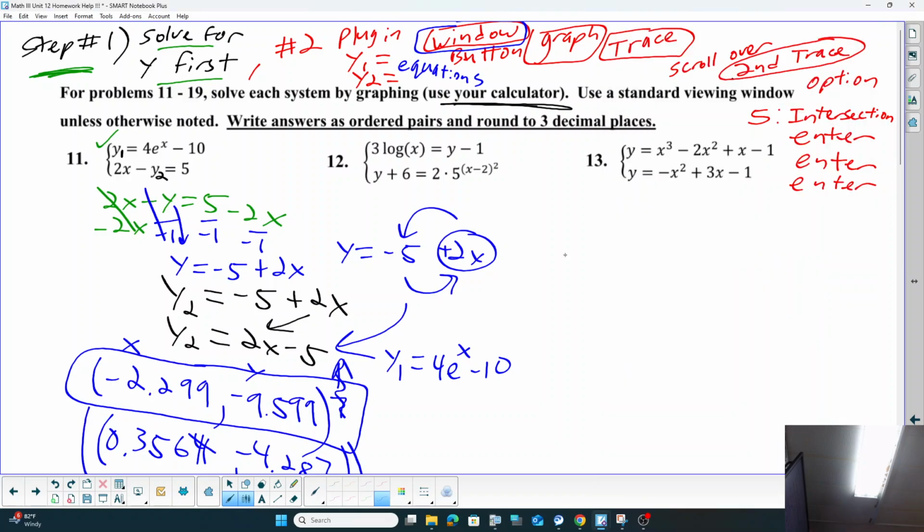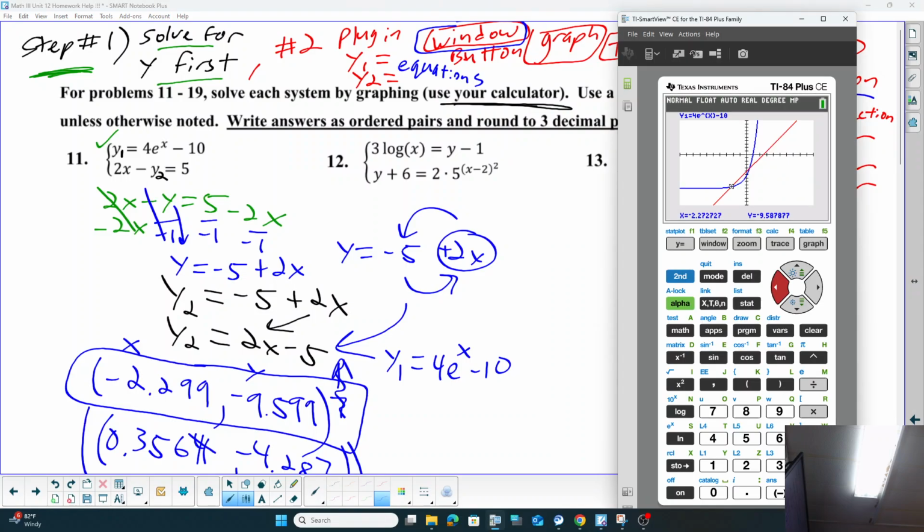After your window button, you hit the graph button and hit trace and scroll over. Then you push second trace, option 5, intersection. So we're going to show you that now. We traced over. Now we're going to go to second calc, option 5, which is intersect, and we're going to push enter, enter, enter.